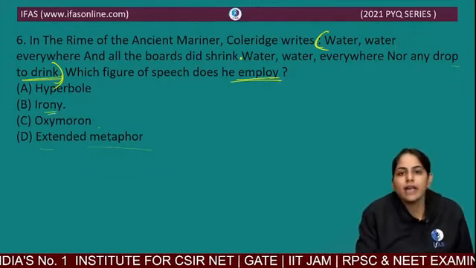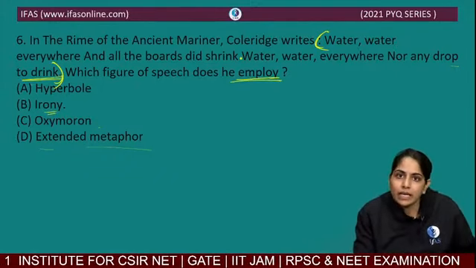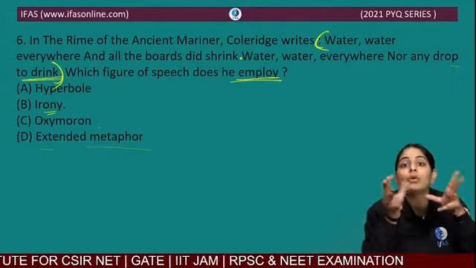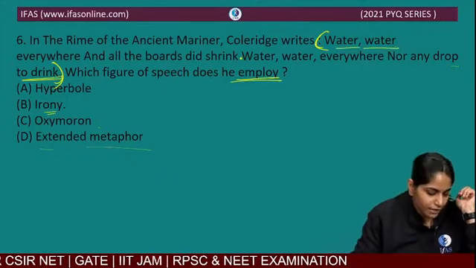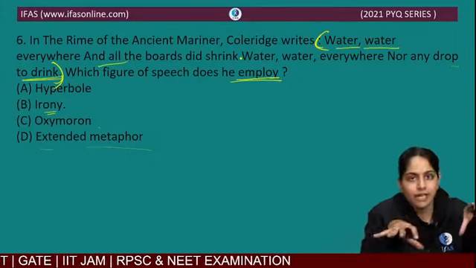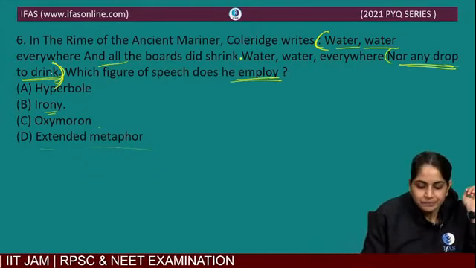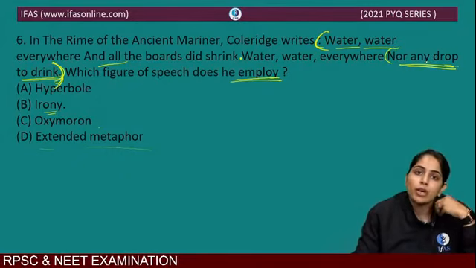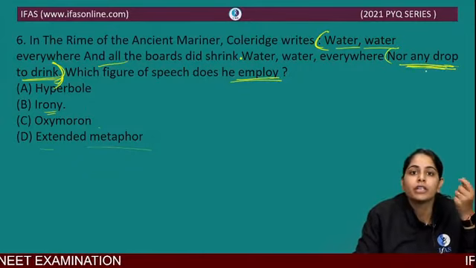Irony, what's the meaning of irony? Irony means where there is a secondary meaning hidden in the same sentence. Okay, so for example, when there are two meanings given in the same sentence. Here it is written water, water everywhere. Now what the poet is saying is that water is everywhere. But if you see this part of the poem, nor any drop to drink. If the water is everywhere, how can there be no drop of water to drink?